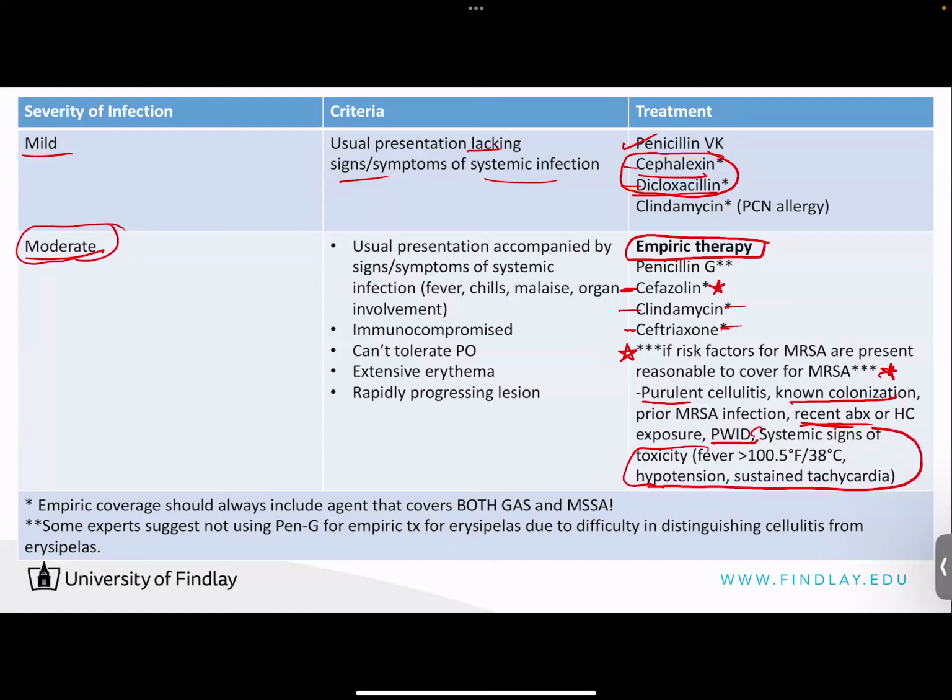Do they have other comorbidities that might predict MRSA or a poor outcome if we don't use the right antibiotic up front? And that's why I think the knee-jerk reaction in the ER is to give something that is going to cover MRSA up front. Not saying I agree with it, but I understand it. I get it.